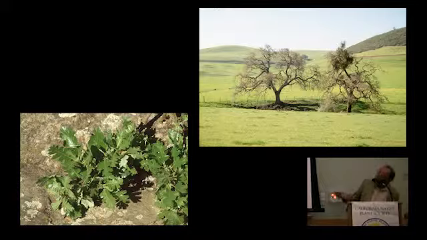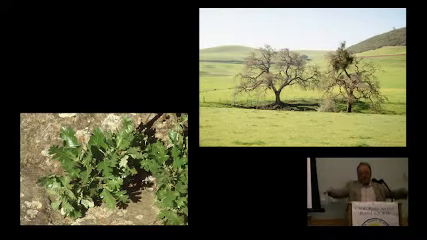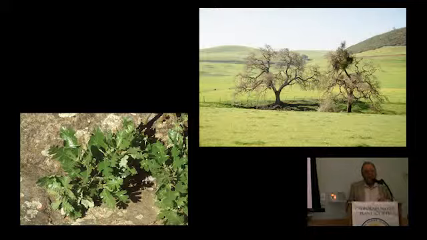These are valley oaks, and this is valley oak in its favorite environment. Notice the stream here. What happens with valley oaks is the acorns fall, they're carried by a stream, and as the water goes down, it leaves the acorns at the top of the bank. And if you go through the Sacramento Valley, you see them in this kind of a location all the time.